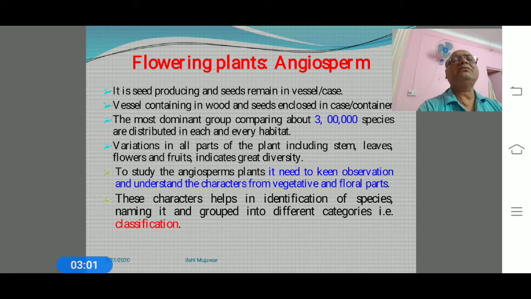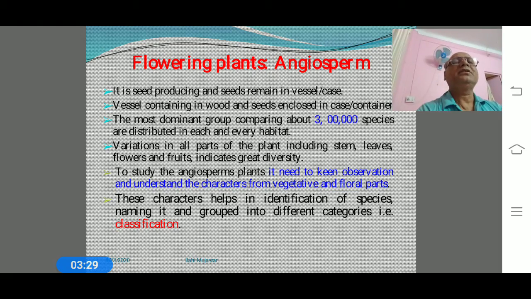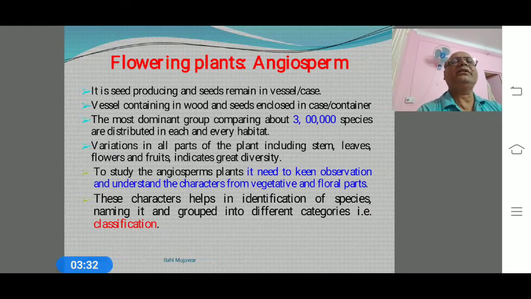Another thing is that a vessel is nothing but an anatomical structure found in the secondary structures of the stem, that is in the wood. Wood means secondary xylem. So this secondary xylem consists of vessel structures, xylem parenchyma and xylem sclerenchyma, and seeds are enclosed in the container.